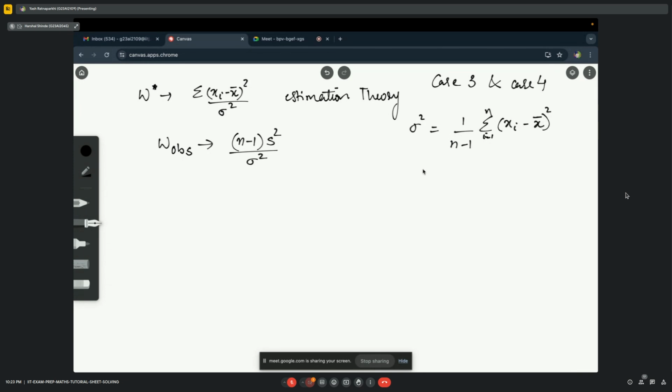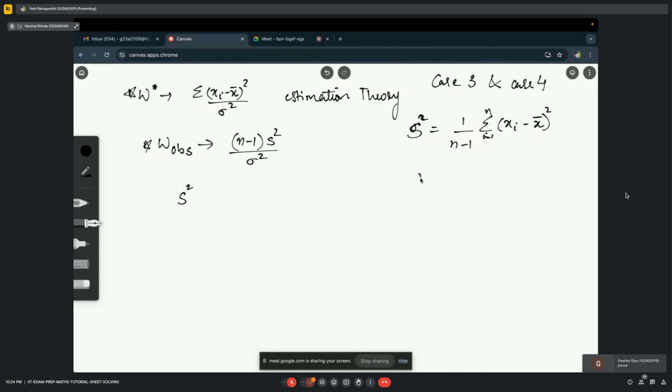We also have another formula, the chi-square formula. So, my s square sample was 1 upon n minus 1 summation xi minus x bar whole square, correct?